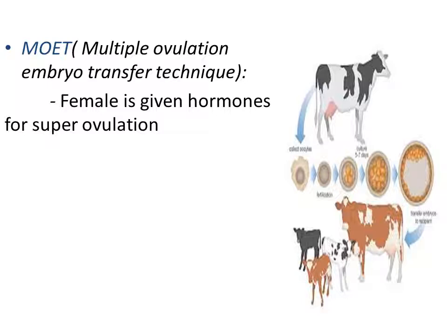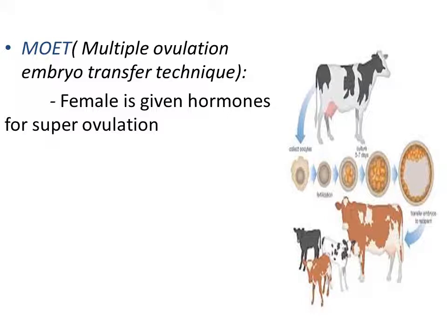After the embryo formation, they recover all the embryos from the mother cattle, and those recovered embryos are transferred into another female cattle. The female cattle receiving the embryo is called the surrogate mother.